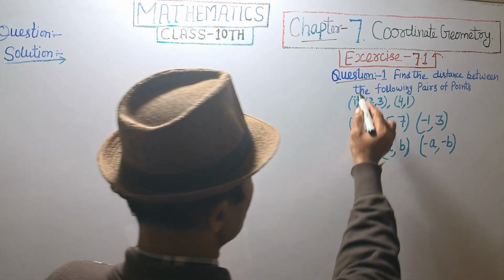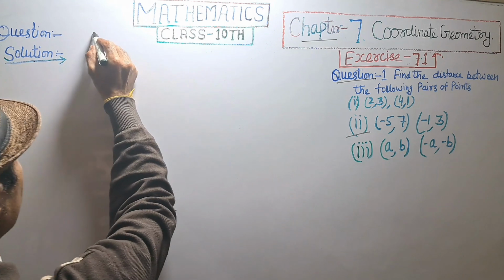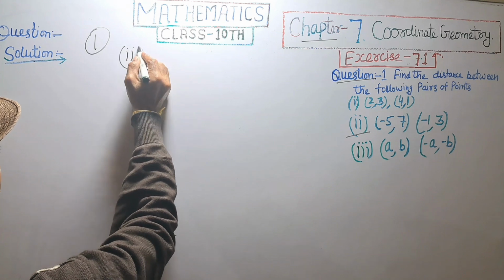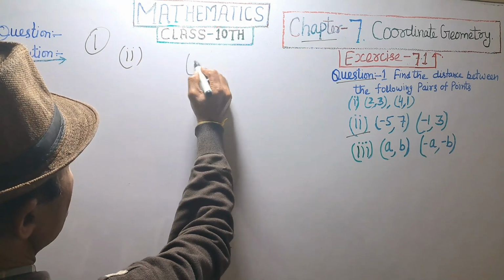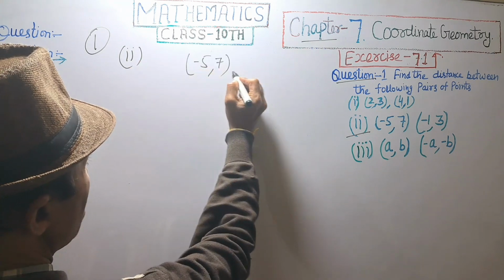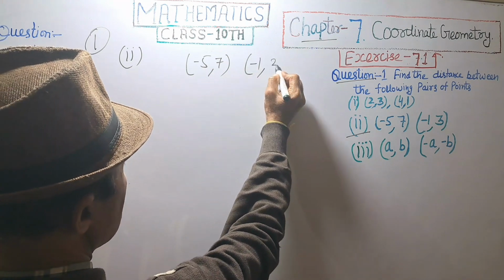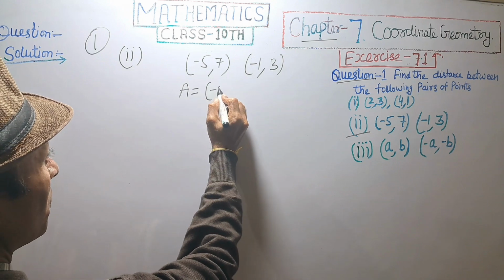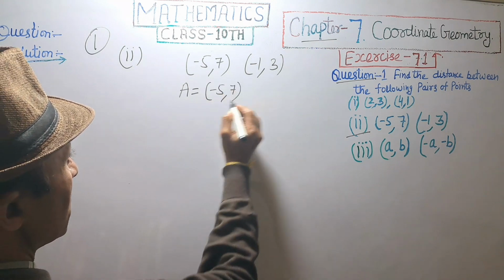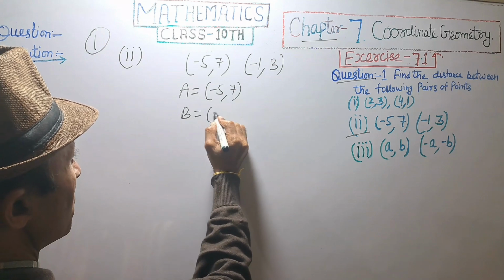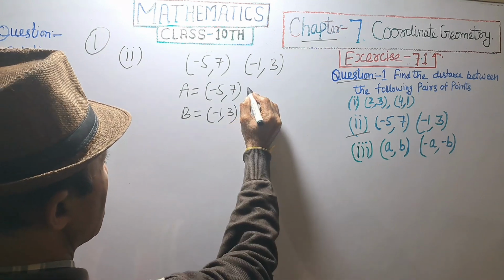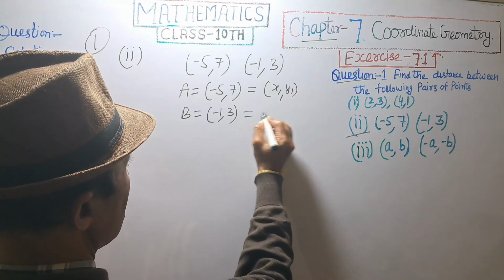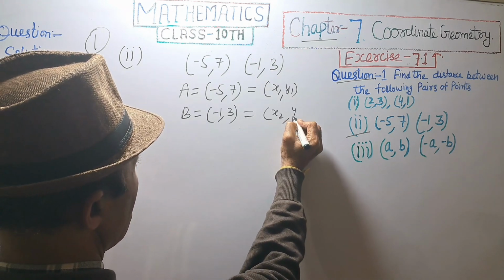Question first, second part. Given (minus 5, 7) and (minus 1, 3). A is equal to (minus 5, 7) and B is equal to (minus 1, 3), that is x1, y1 and x2, y2.